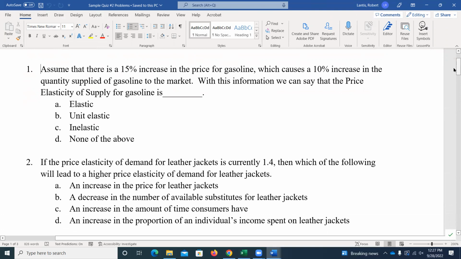So sorry if that confused anyone. I was saying that if you compute these by hand, using the midpoint method, you'll end up with the percentage changes in decimal form.